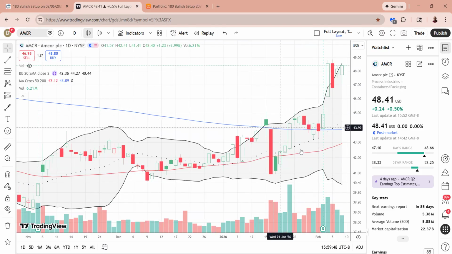The 200-day moving average is the blue line, the 50-day is the red line, the 20-day is the dash line. And a pullback is very high probability with these kinds of setups.